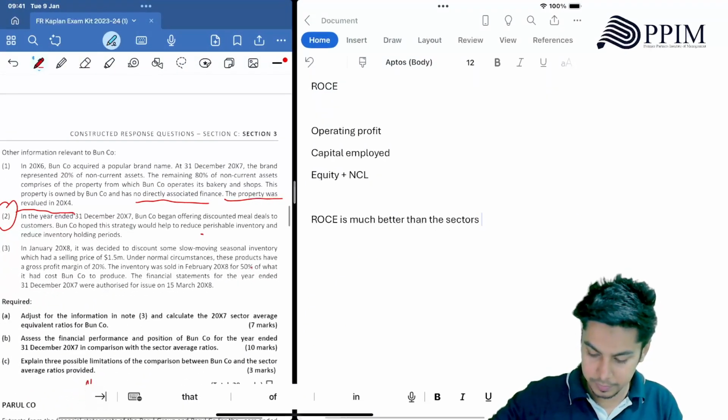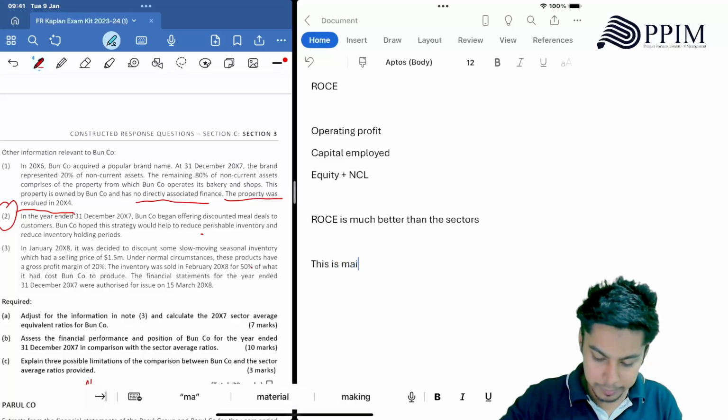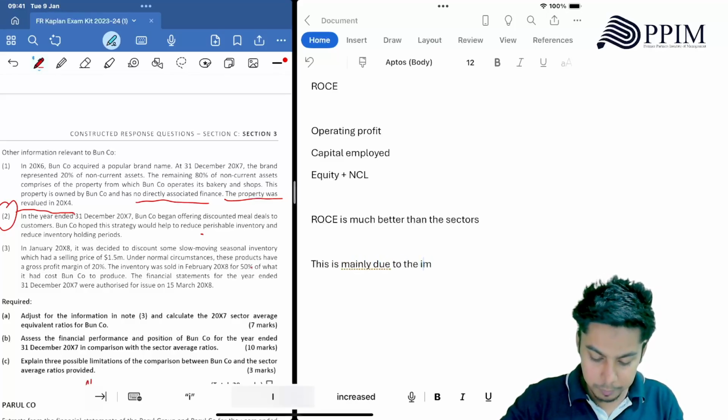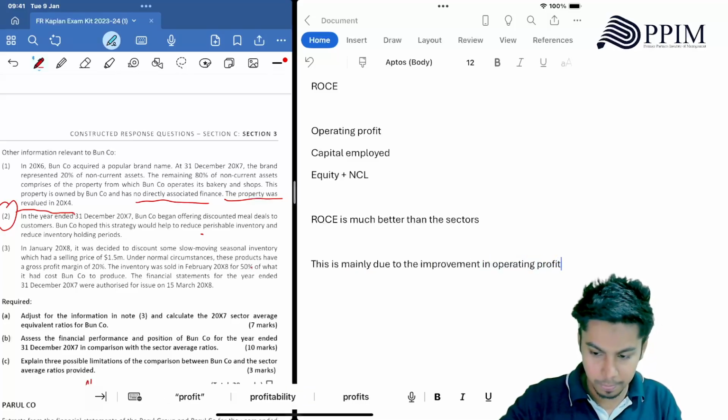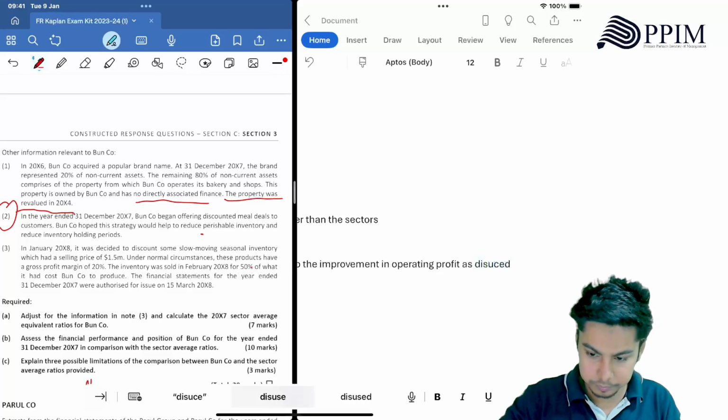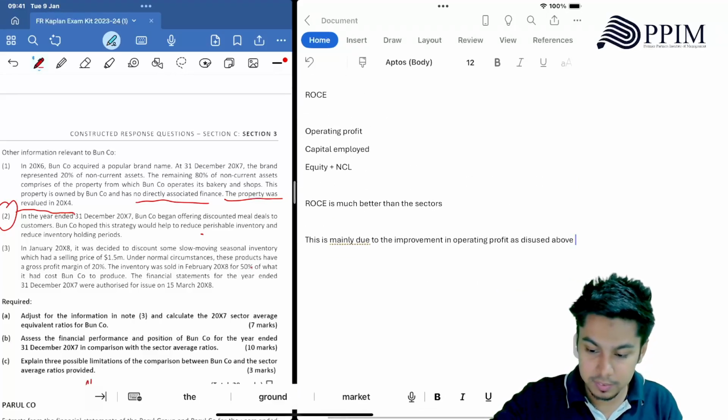This is mainly due to the improvement in operating profit as discussed above.